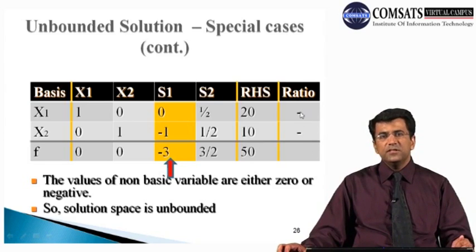So this is the situation we always have to ignore, and this was the situation we were talking about as the unbounded solution. So this is the particular case of unbounded solution, and what actually happens in the unbounded solution, the values of non-basic variables are either 0 or negative, and the solution space is unbounded.